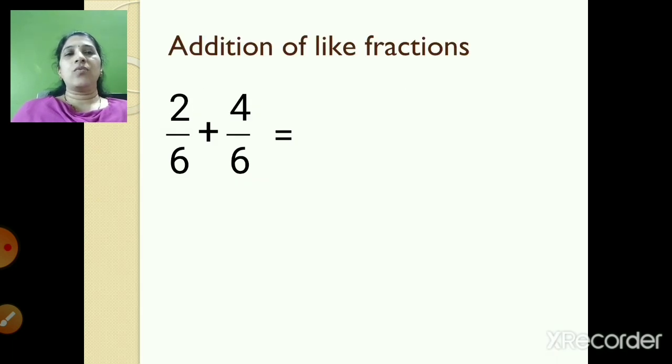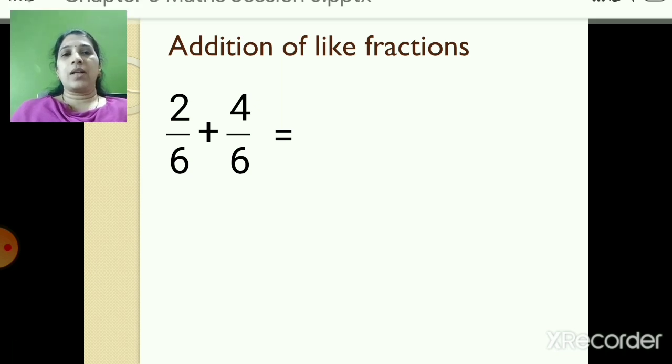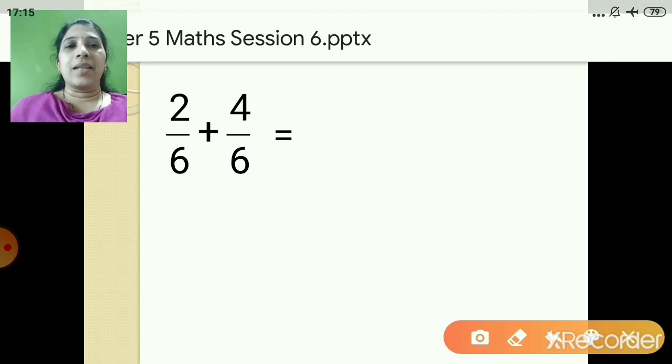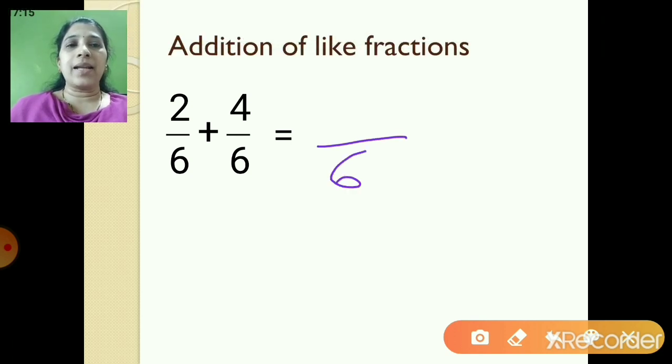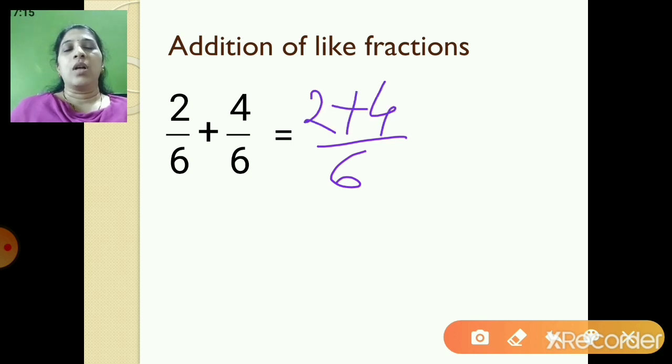So let's move. 2 upon 6 plus 4 upon 6. So we are keeping the denominator as it is, that is 6, right? And we are just adding the numerators, that is 2 plus 4. So what is 2 plus 4? It is 6 upon 6.